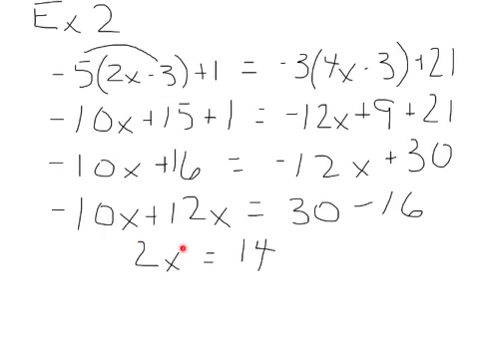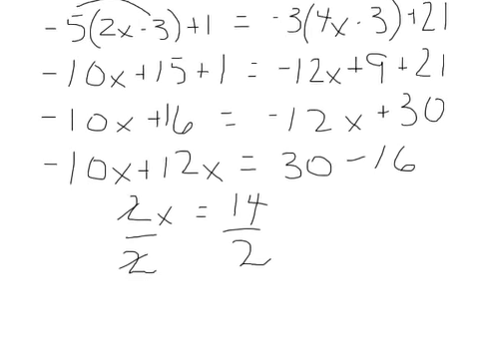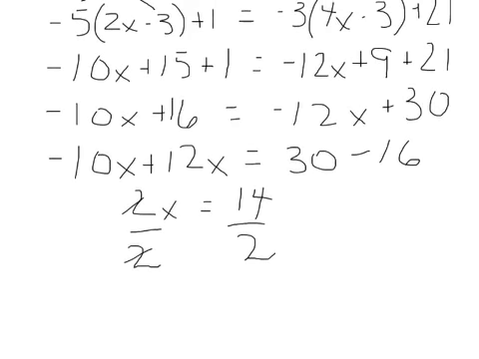Here we recall that's 2 multiplied by x. The opposite of multiplication is division. So we divide the left side by 2, and what you do to one side, you of course do to the other. My 2's cancel out, leaving me with a final answer of x being equal to 7.